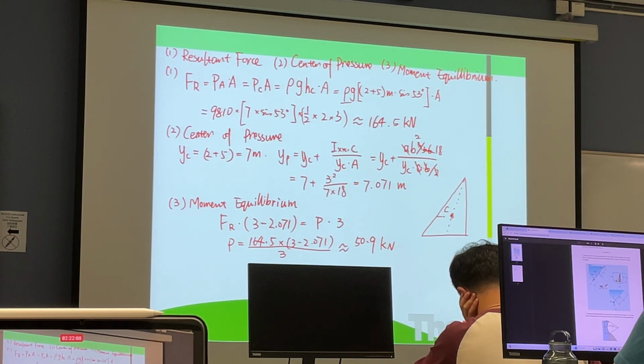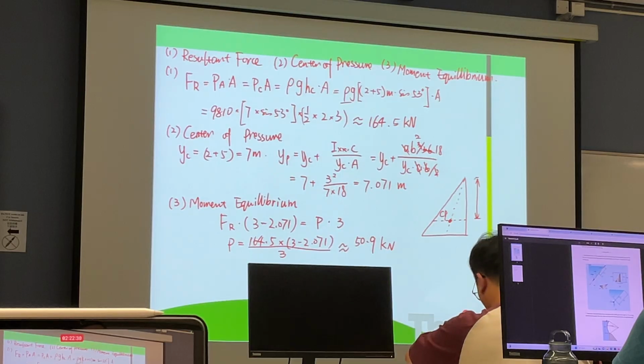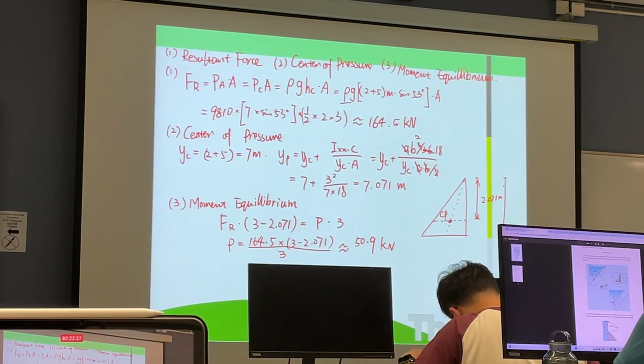We may use the similar triangle, or maybe we can directly use this one. If this point is CP, we can use the similar triangles method. From here to here is 2.071 meter. From here to here, the total height is 3 meter.